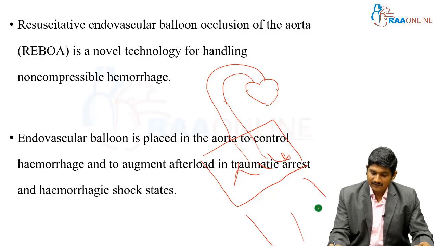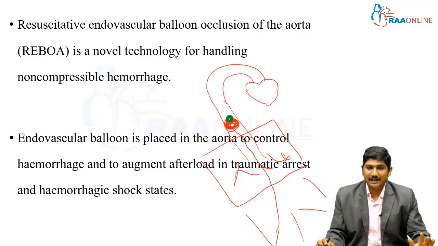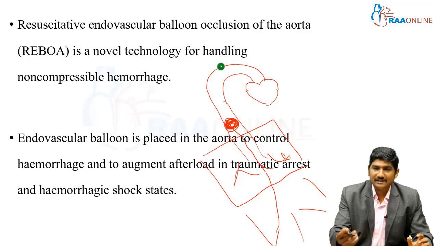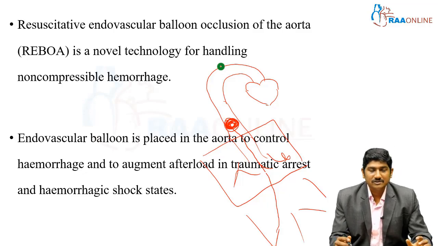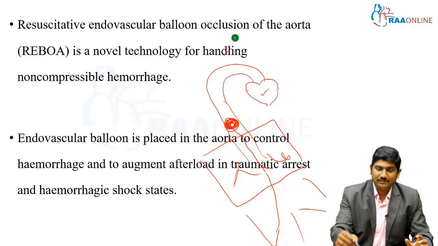From the femoral area, you're going to put this catheter inside, go till here, inflate the balloon here, basically occluding the aorta. So once you occlude the aorta, the blood pressure rises steadily. Once it rises steadily, there will be adequate blood supply for the heart and the brain.